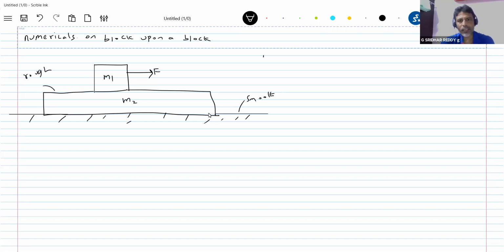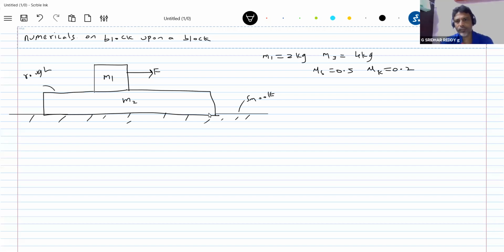We'll assume values like m1 equal to 2 kg, m2 equal to 4 kg, mu s 0.5, mu k 0.2. So what is the question that will be asked?